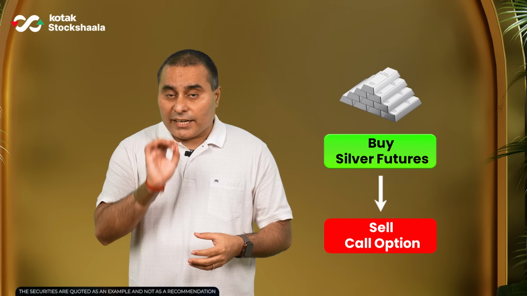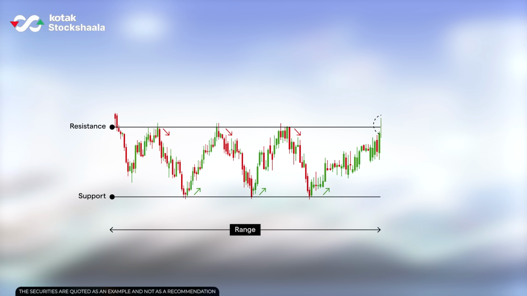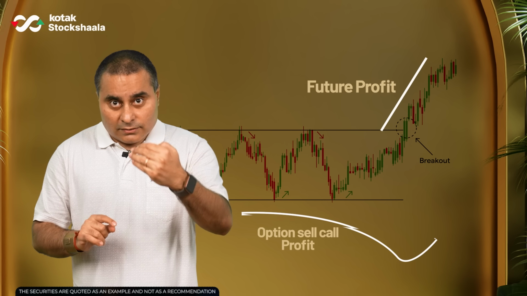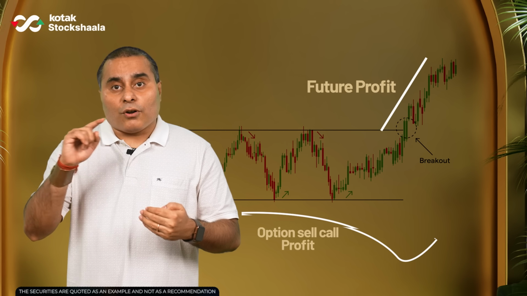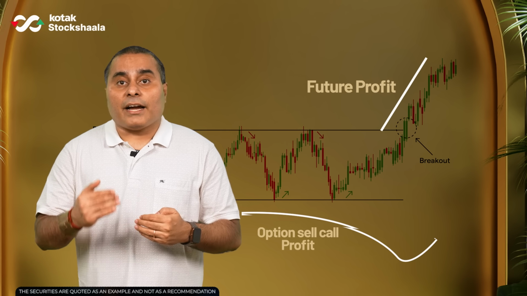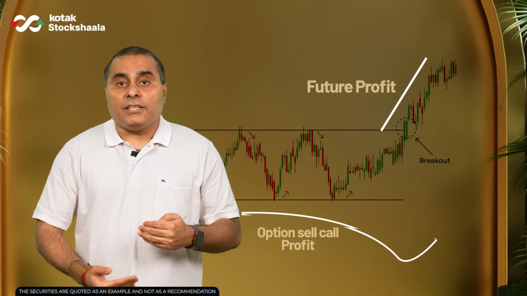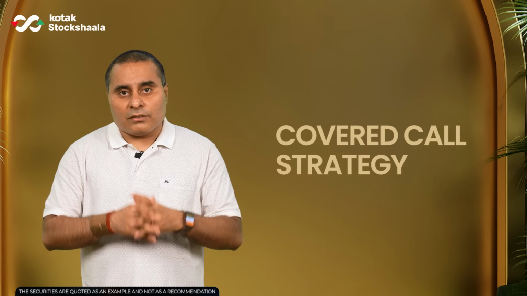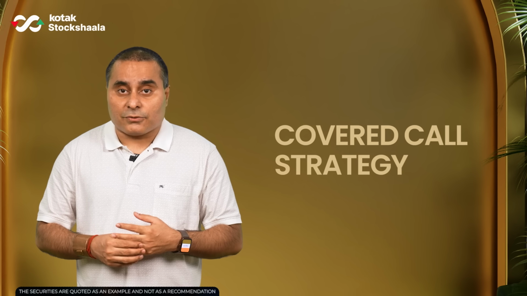It is very useful when the market is in a range but with an upward bias. So you are buying the futures because the bias is upward, but the overall volatility is low. That's the reason why you are reducing your cost by selling out of the money call options. This is also known as covered call strategies.